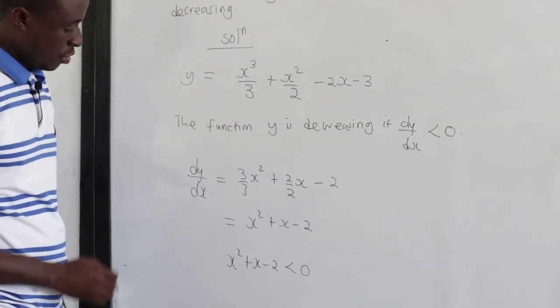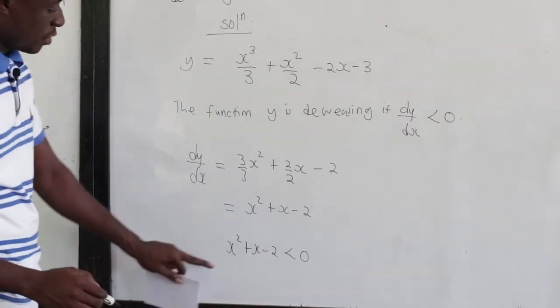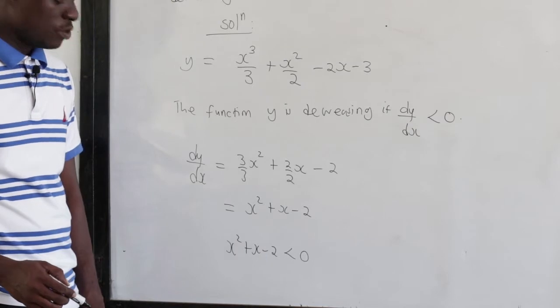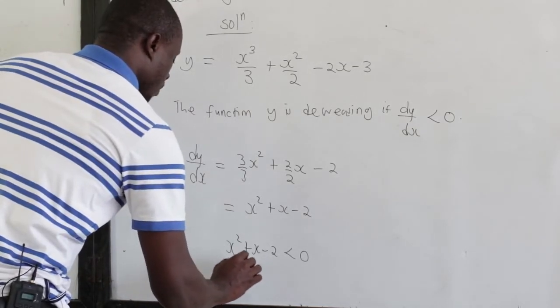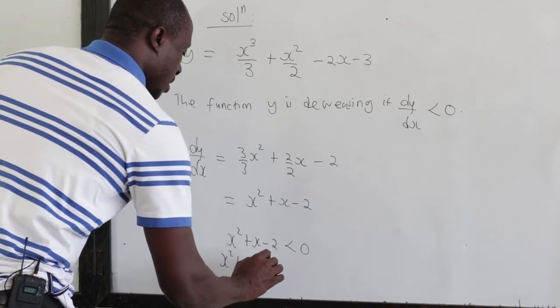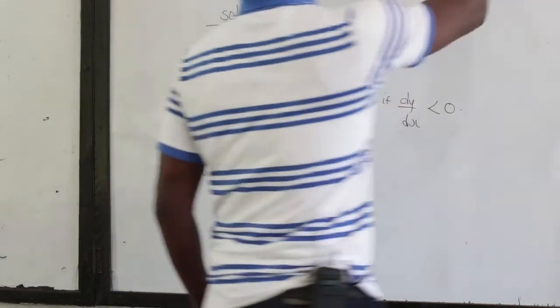What are we supposed to do? We are supposed to factorize this. Two numbers, when you multiply, we get negative 2, but when you add, we get positive 1. So you have x² + 2x - x - 2 < 0.